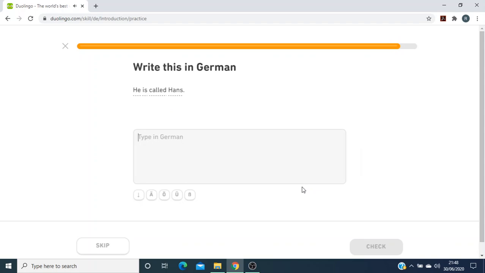He's called Hans. So yeah, hi. Now remember I was mentioning earlier about this letter, the S set. Here it is here. It looks like a fancy cursive B. It represents a double S. So heißt Hans.